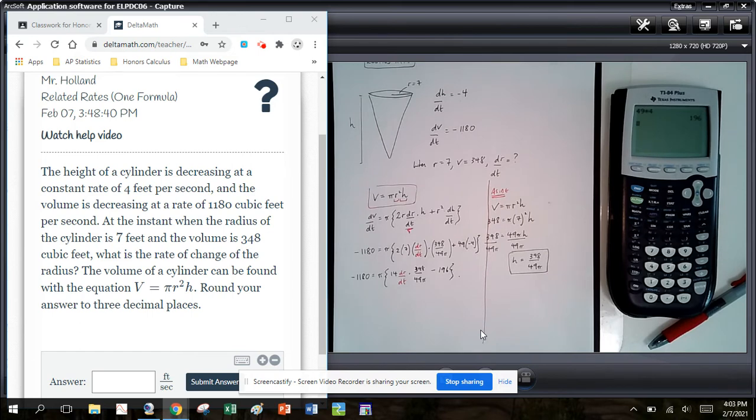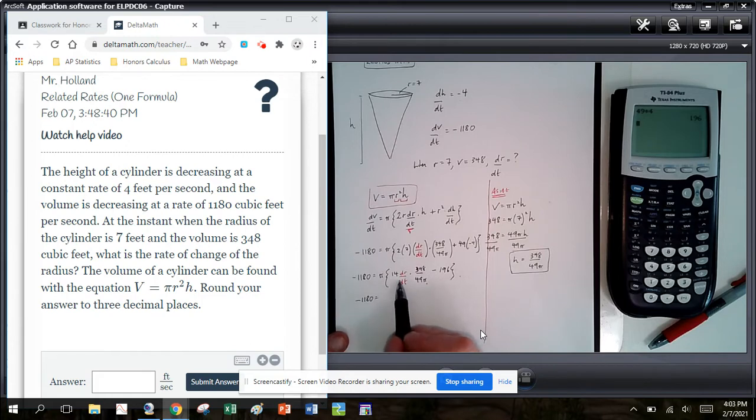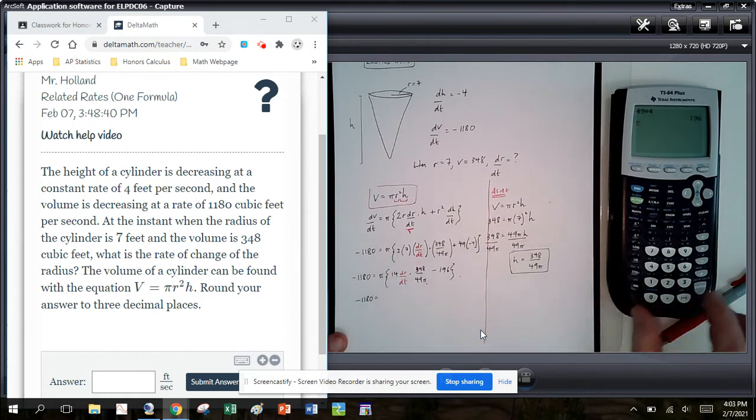Hopefully I won't run out of room. First thing I'm going to do is multiply out the pi here. So I've got negative 1180 equals, now if I multiply the pi out to this first one, that pi and that pi there will disappear. So really, I'm only going to be writing the pi onto this 196. Now, I'm also wanting to multiply the 14 by the 348.